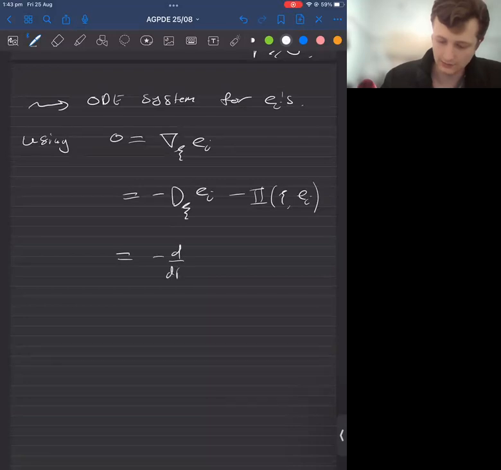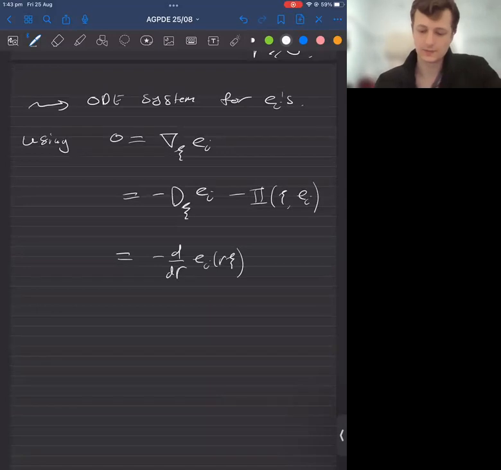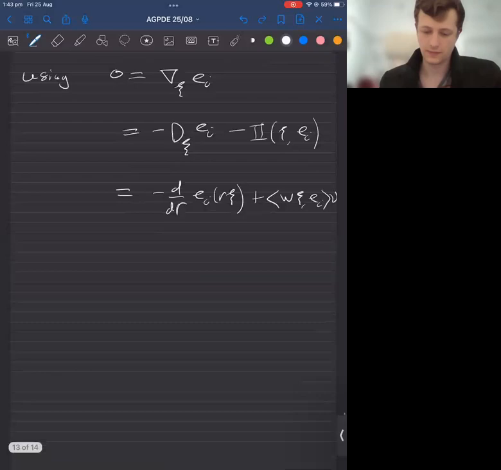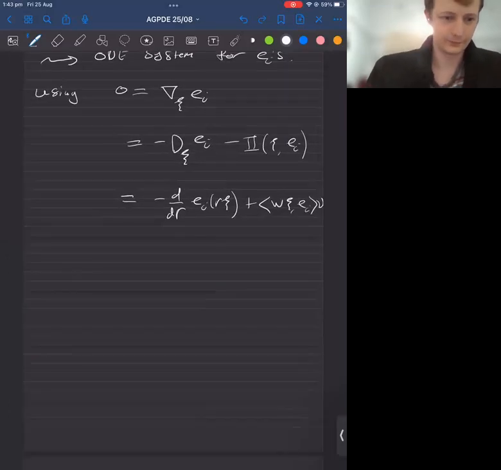Minus, and then we have our Weingarten map showing up again, by definition of the second fundamental form. Okay, so we get the following.